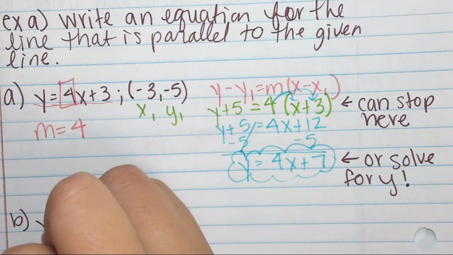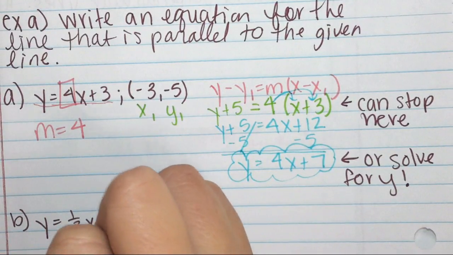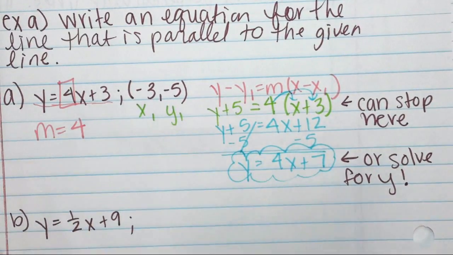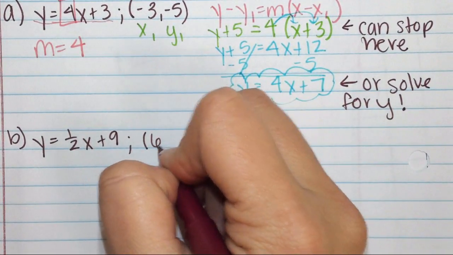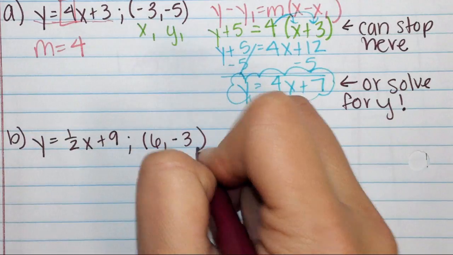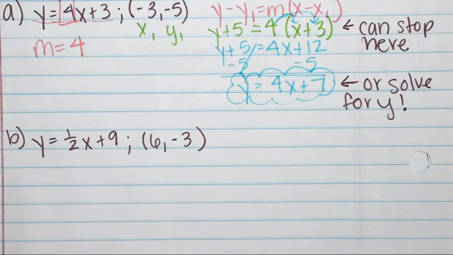B. y equals 1/2 x plus 9, and it passes through (6, -3).